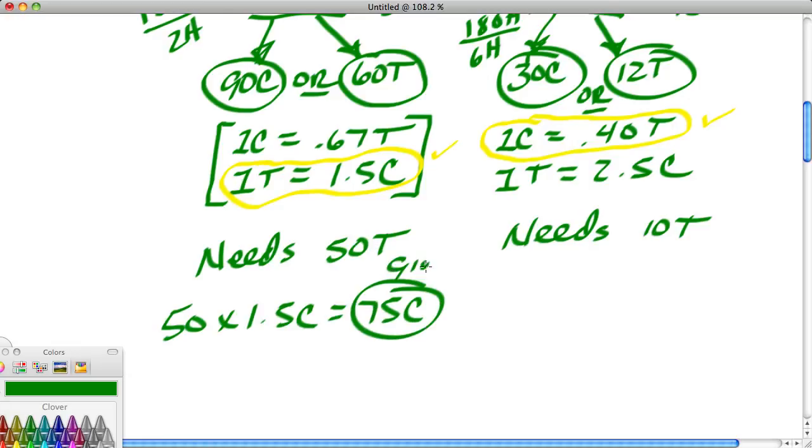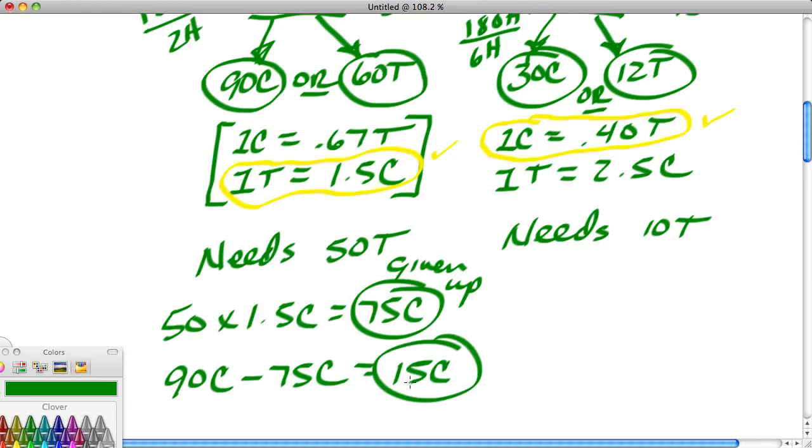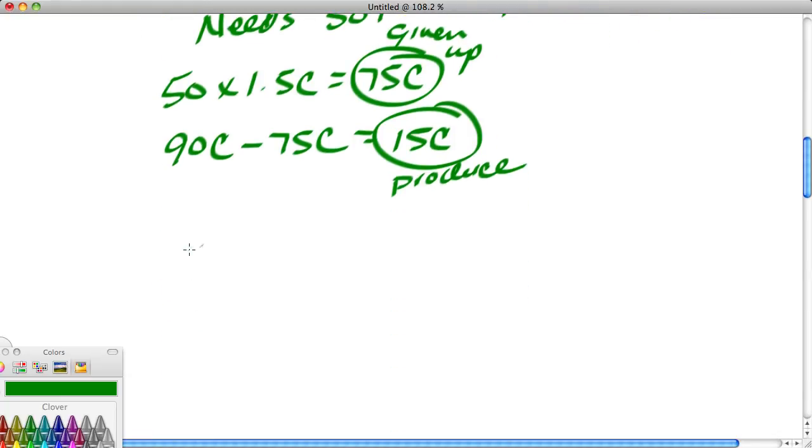To make those 50 tomatoes, 75 corn must be given up. 90 corn is possible in her garden with 180 hours, but she gives up 75 corn to make 50 tomatoes, leaving her with 15 corn. So when all is said and done, being the self-sufficient gardener that she is, Greenthumb ends up with 50 tomatoes and 15 corn.